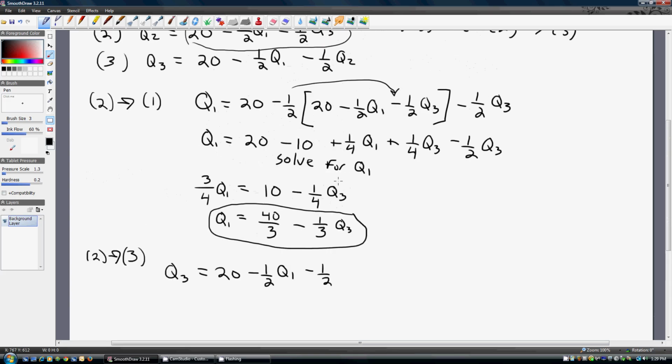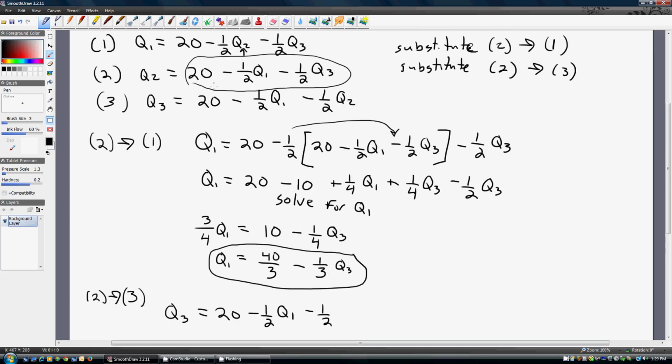Well, I'm now just going to plug this 20 minus 1/2 times the output of firm 1 minus 1/2 the output of firm 3 into firm 3's reaction function right here. Okay, that's what I'm going to do down below here. So we get 20 minus 1/2 the output of firm 1 minus 1/2 the output of firm 3.